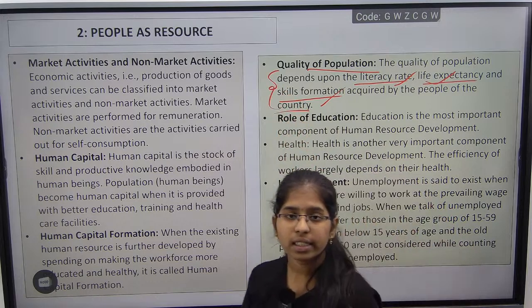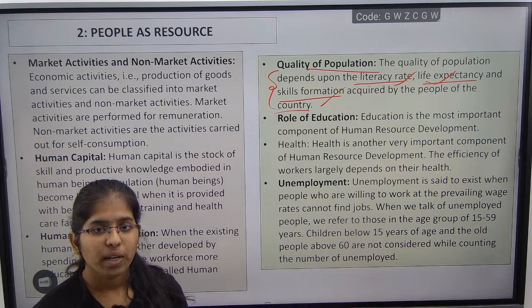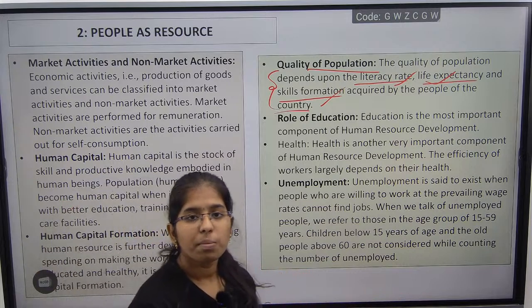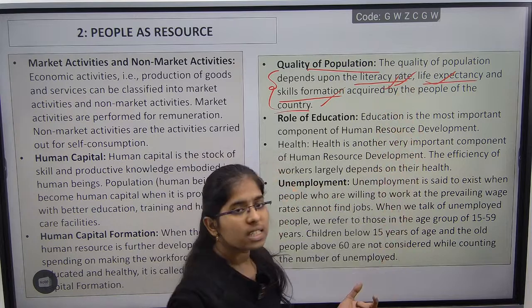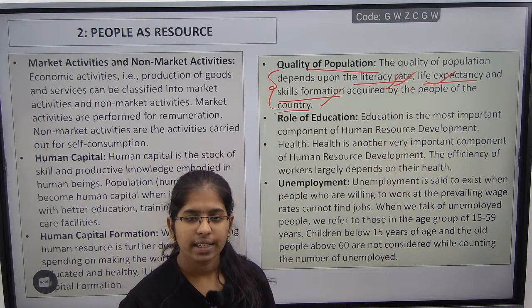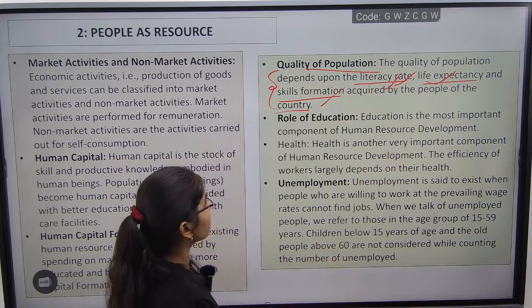When the country has fewer skilled persons, then there is no quality of the population, and the economy is also not benefiting from them. So the literacy rate, skills and life expectancy must be essential for the quality of the population.